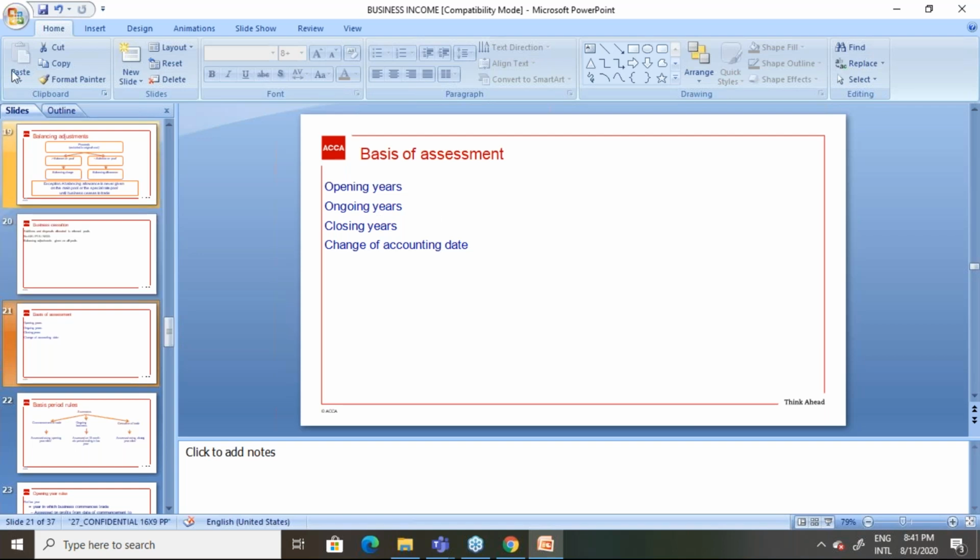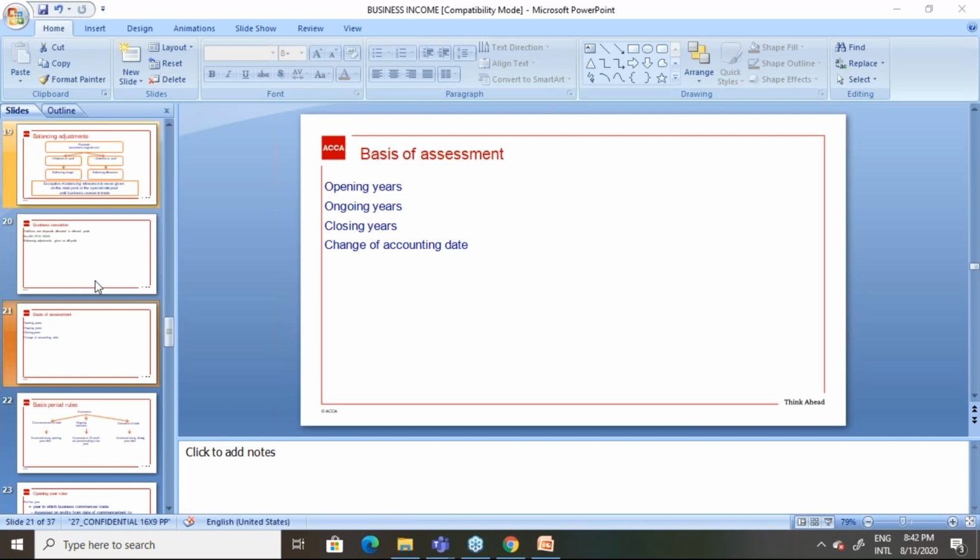The main reason is that for unincorporated businesses, the accounting period can be different from the tax year. If the accounting period is different from the tax year, there's an incompatibility between the tax year and the accounting period. To make them compatible, we are using certain rules. We call them basis of assessment rules.